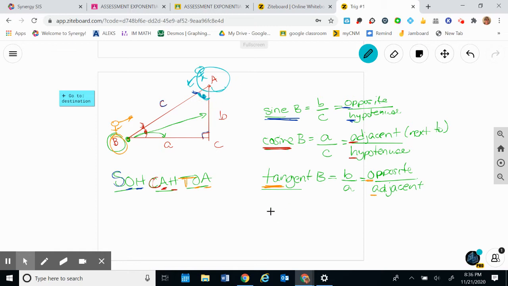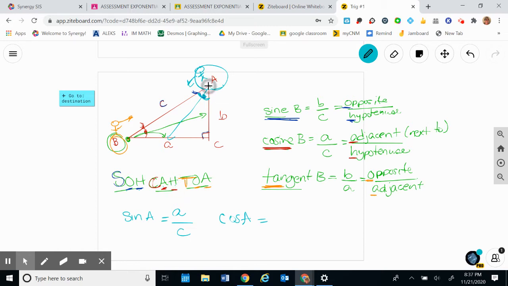So if we wanted to do the sine of A, again, sine is equal to opposite over hypotenuse. Well, here I am at A. This opposite is A over the hypotenuse, which is C. The cosine of A is equal to the adjacent over the hypotenuse.